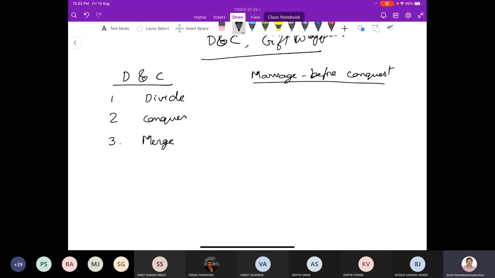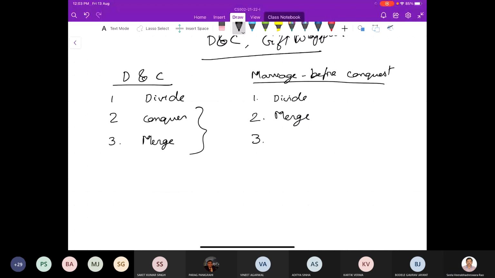So here, the first step is the same, we divide, and these two steps are changed. The merge step comes before, not exactly the merge step, okay, somewhat of a merge step, and then you solve the subproblems later.